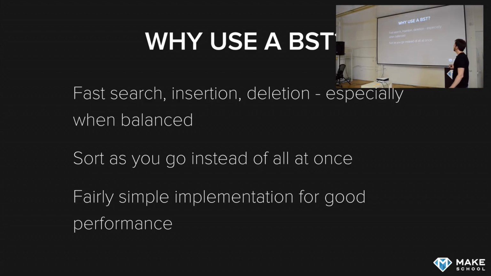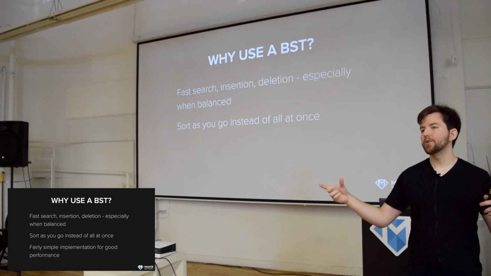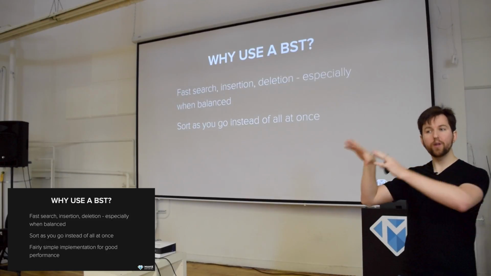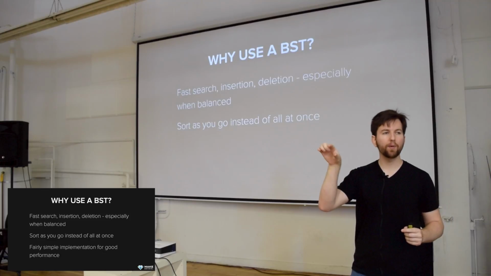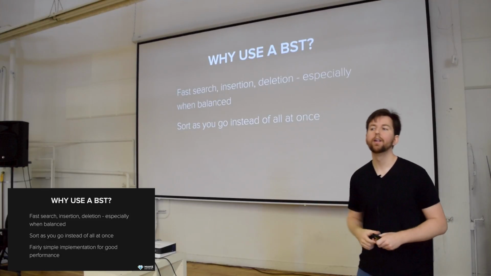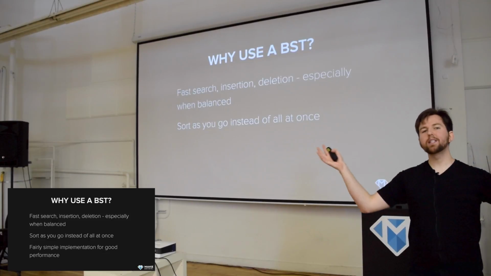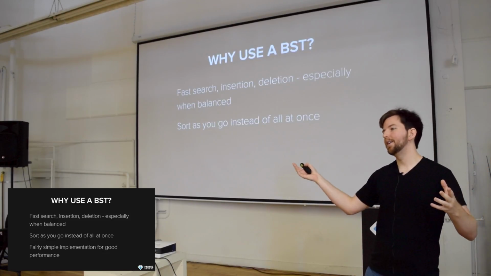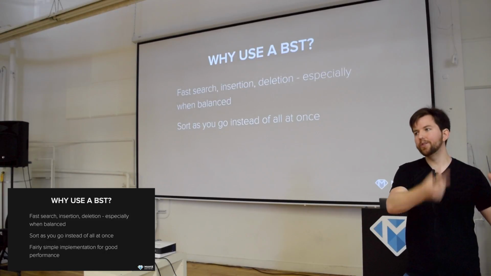You get to sort as you go instead of all at once. As you're inserting items into the binary search tree, you do so one at a time, and the tree must maintain its sorted order. Every time you insert, you're inserting it in the correct place to maintain the sorted order, which means that instead of having a huge mass of data and then having to run a sorting algorithm that takes a ton of time, this data structure is sorted as you insert items.